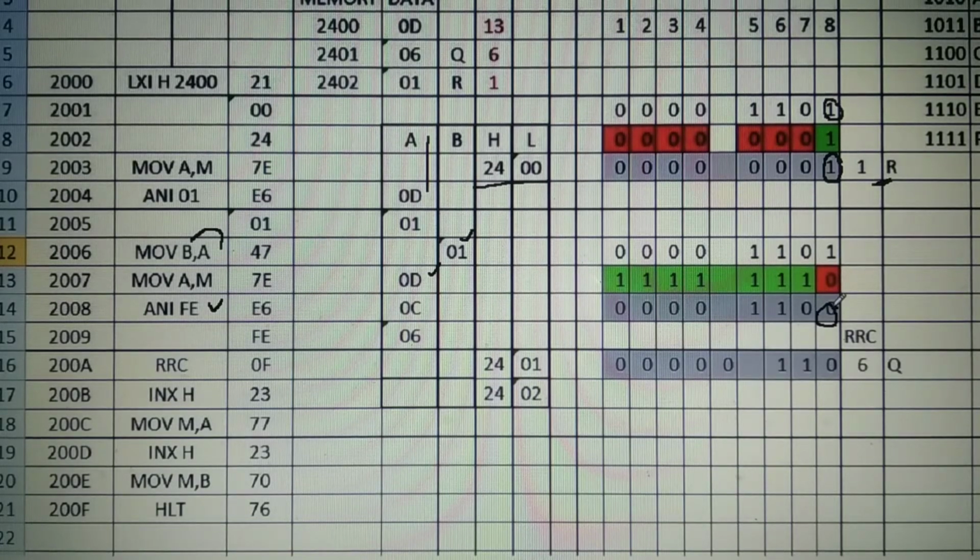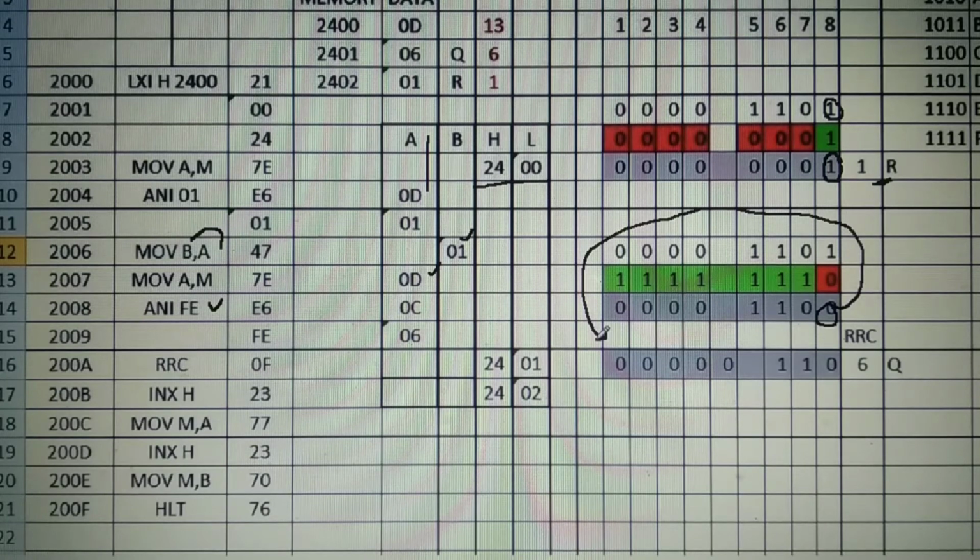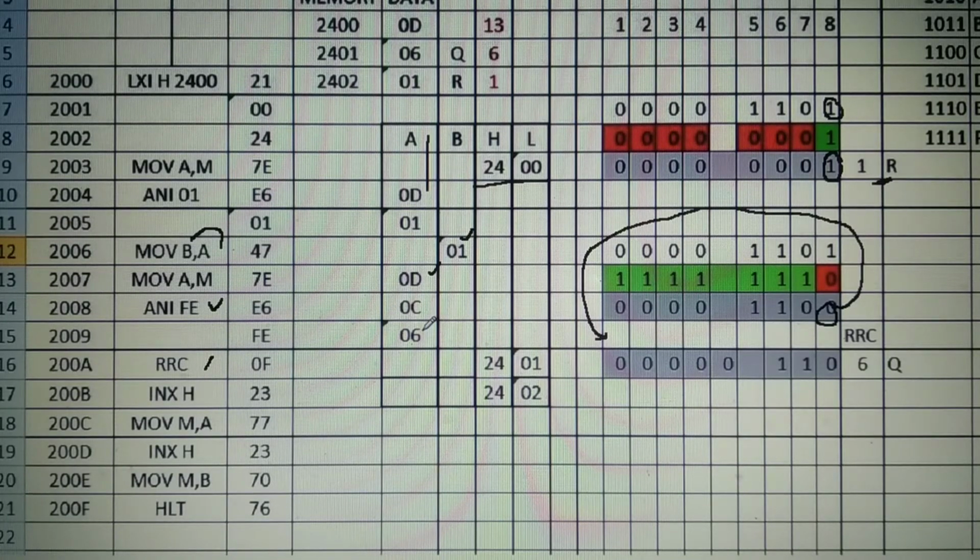But this is not the answer. You have to shift this bit towards the right. Therefore RRC. With the help of RRC you will get the answer as 06. INX H. HL gets incremented by 1.